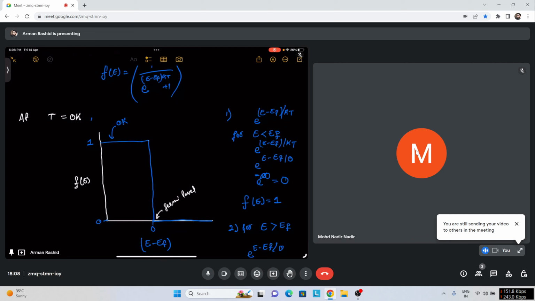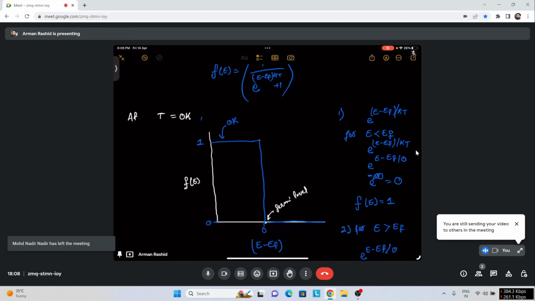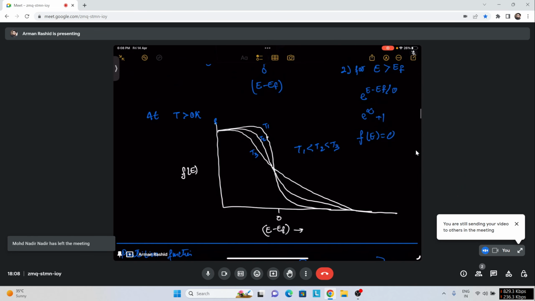But once the energy is higher than the Fermi level, none of the energy states is occupied. At high temperatures, some states near the Fermi level are vacated, and higher energy states are occupied.